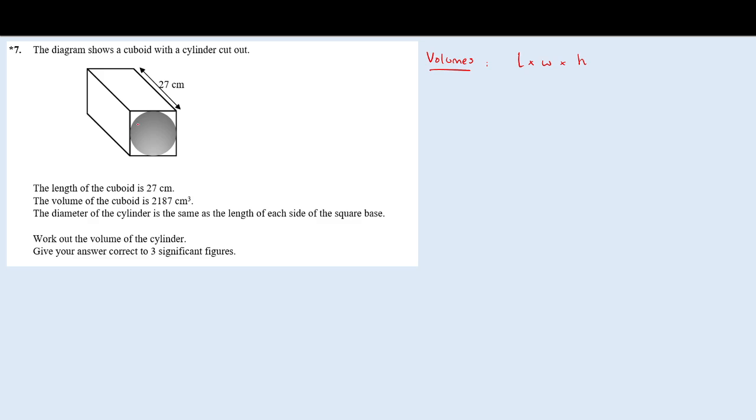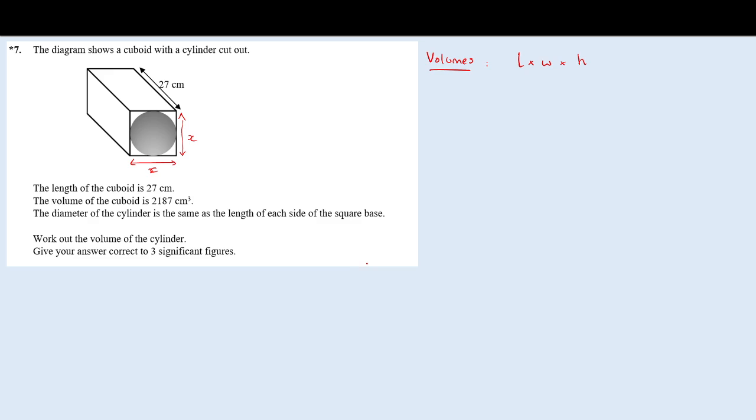You can imagine if this was stood up, the 27 would be how tall the shape would be. I'm going to call this the length and the width just for the sake of the square. It doesn't really make that much of a difference. I don't know the length and the width of the square. That is just some unknown measurement that is x.